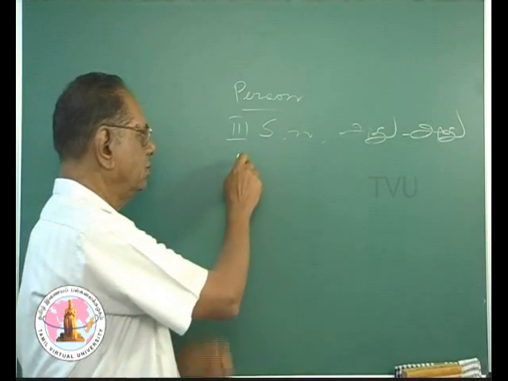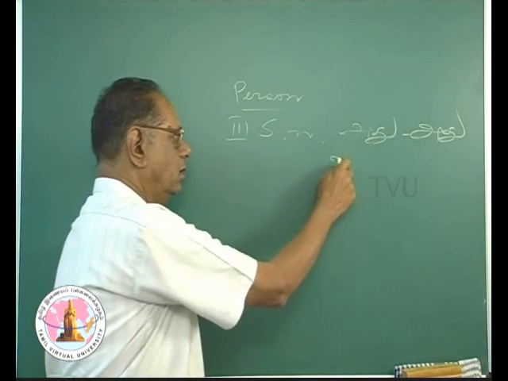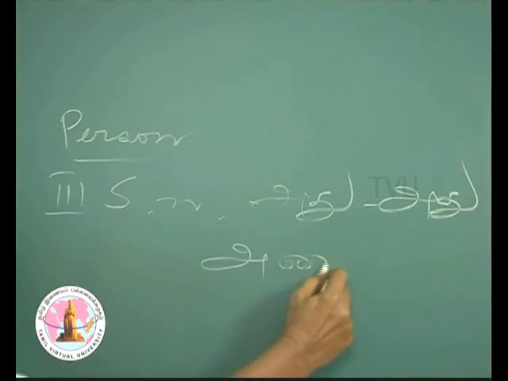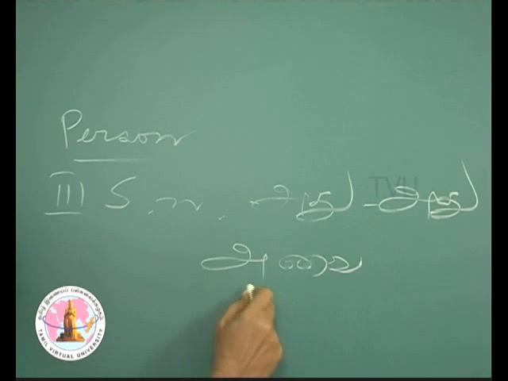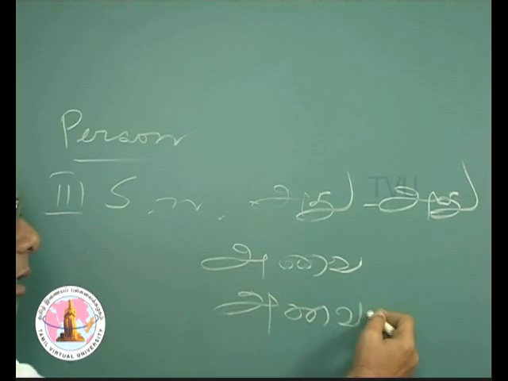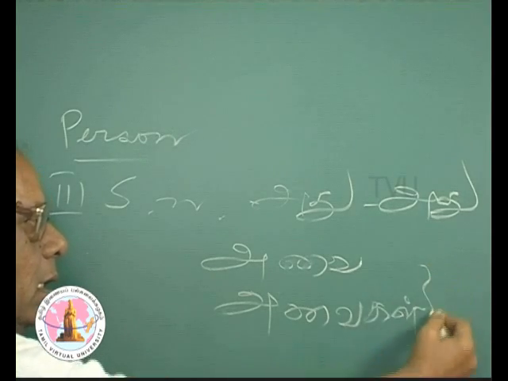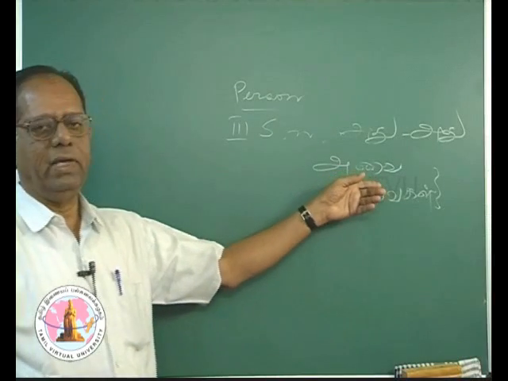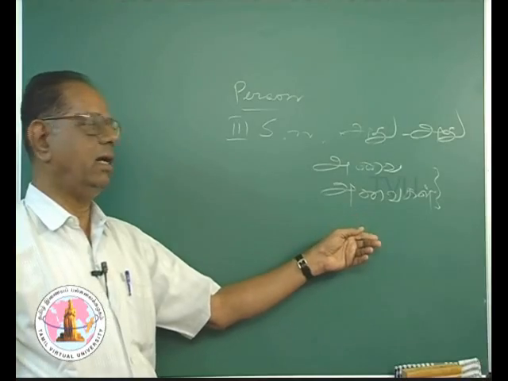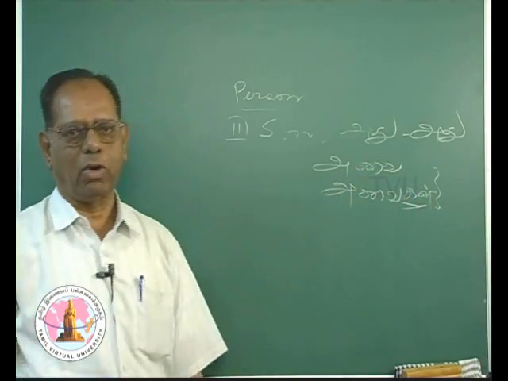The plural of third person neuter gender will be avai or avaigal, and this indicates double plural.